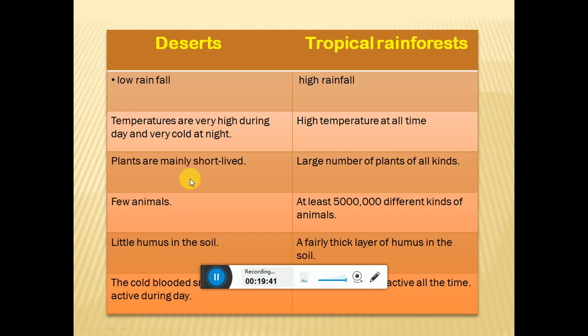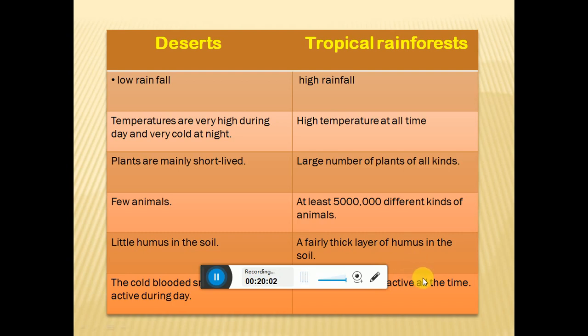That is why species such as lizards are active during the day, but as the sun goes down, they take shelter in burrows at night to avoid the cold, and their activity becomes low.